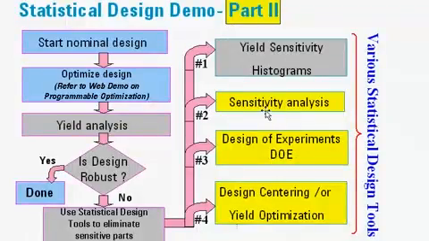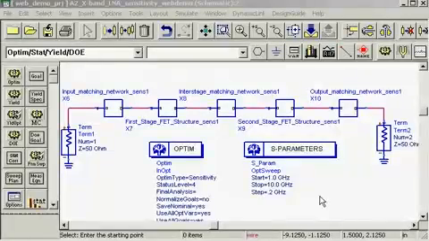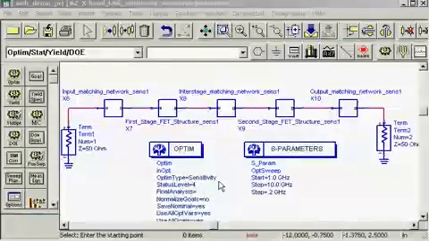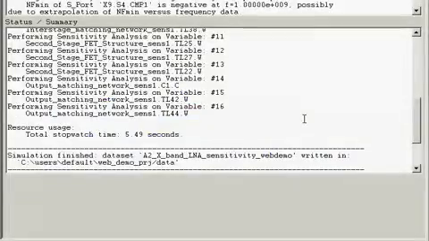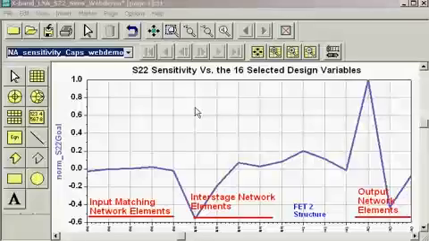Let me first demo the sensitivity analysis tool. In ADS, we select the sensitivity analysis tool and push the simulate button. Notice that it took 5.5 seconds to perform the sensitivity analysis on 16 variables. Let us now look at the output results and analyze it.